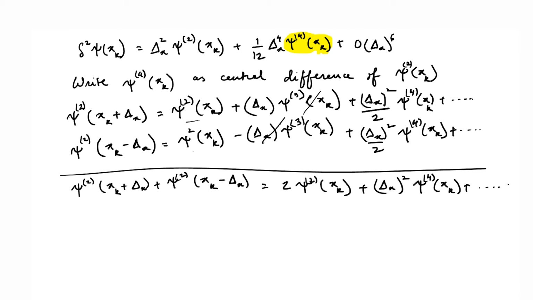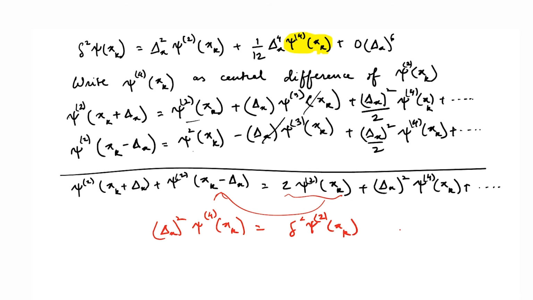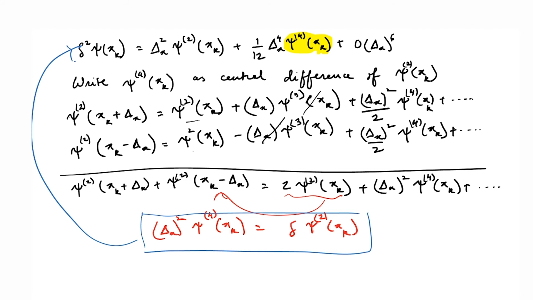As before, the next step is to bring this term to this side, and what we have as a result is delta x square times the fourth derivative of psi at x k is given by delta 2 psi 2 x k. Okay. Once we know this expression, we will plug it into this particular equation, and let us see what we get.